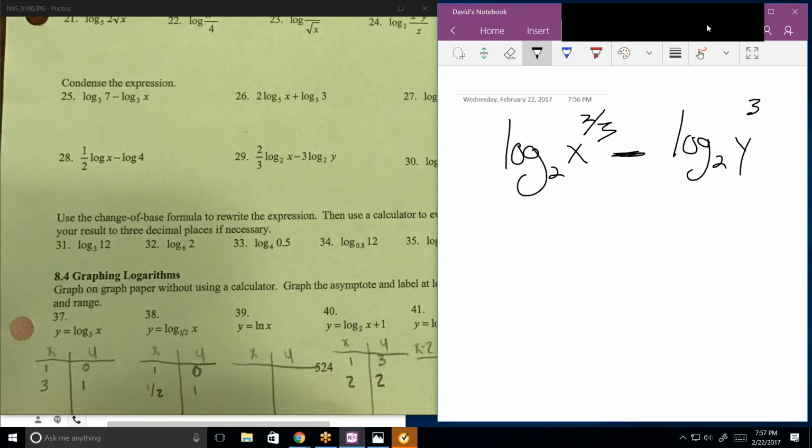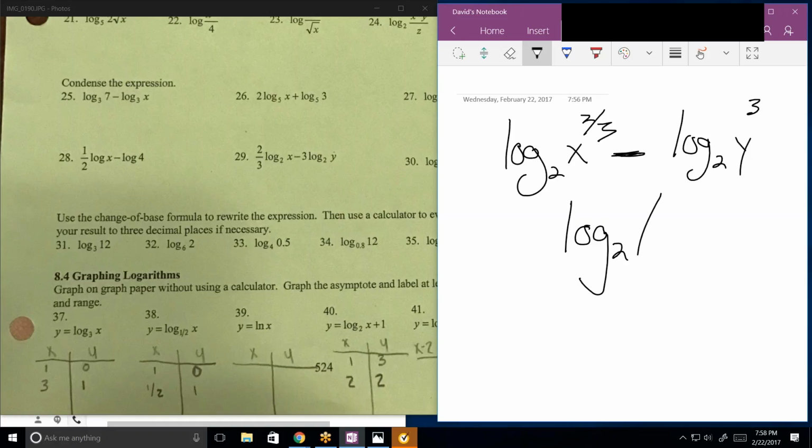Y to the 3rd. Remember, when you're dealing with logs, that coefficient's the same as if it was an exponent. I haven't changed it. At this point, we're still looking at basically what 29 says. Now I can condense it into a single log expression.